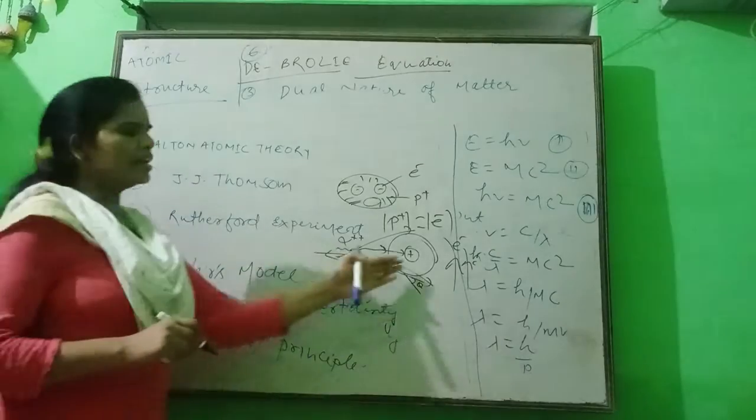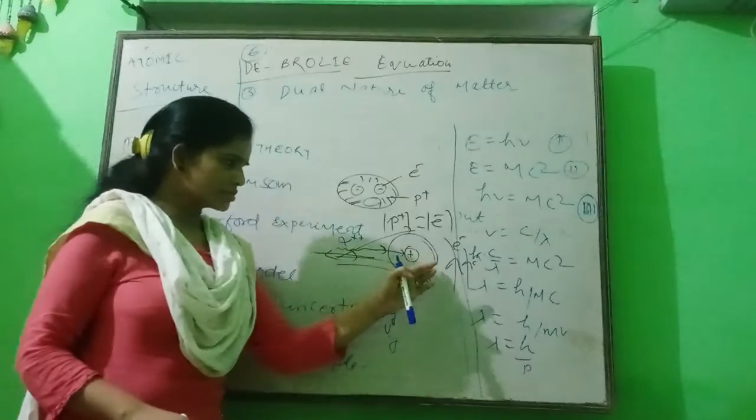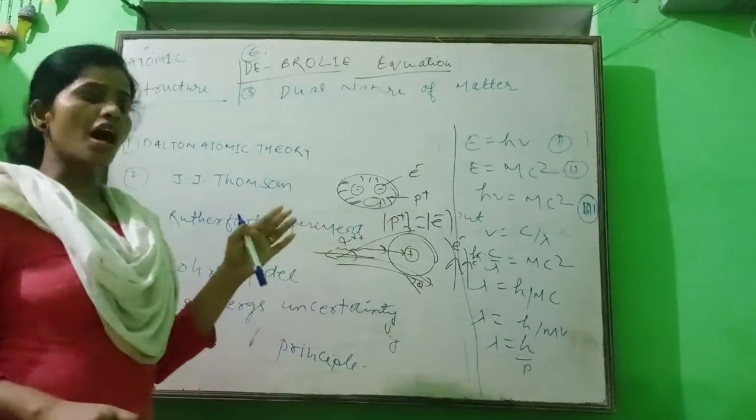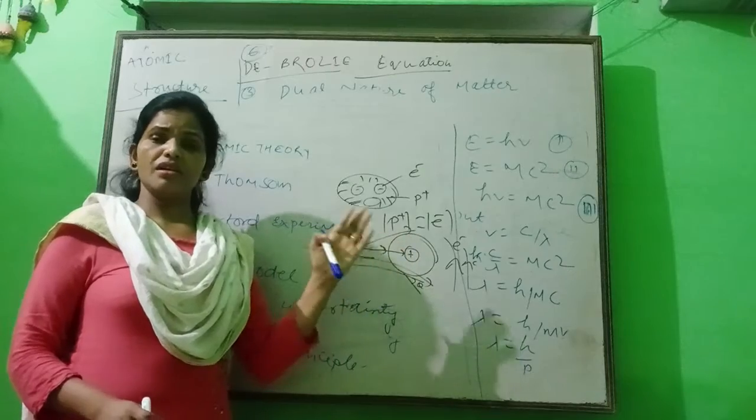The electrons are always revolving around the nucleus in this manner. Now his theory failed because he could not explain how the electrons revolve around the nucleus.